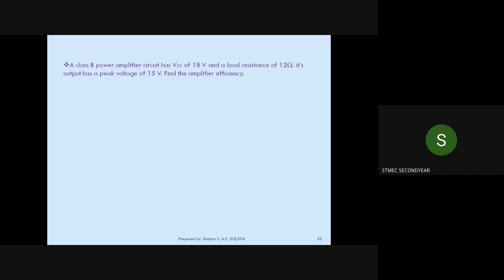The class B power amplifier circuit has VCC of 18 volt and a load resistance of 12 ohm.